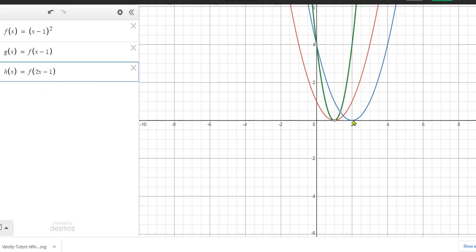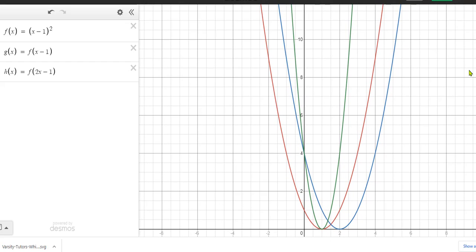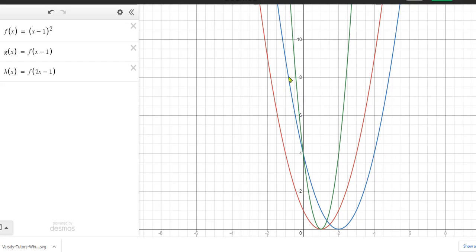So for example, 2 goes to 1, 4 goes to 2, and 0 doesn't change. Notice the blue graph is pulled in half the distance to the y-axis in terms of the green graph. The green graph is half the distance to the y-axis that the blue graph is, and you can see this. So that's what's going on here.